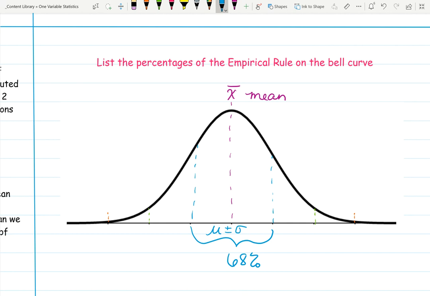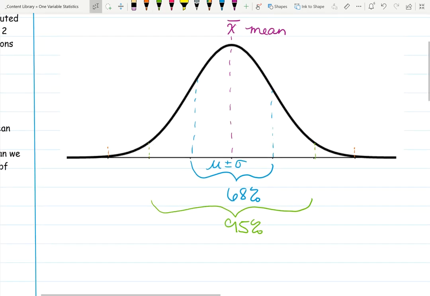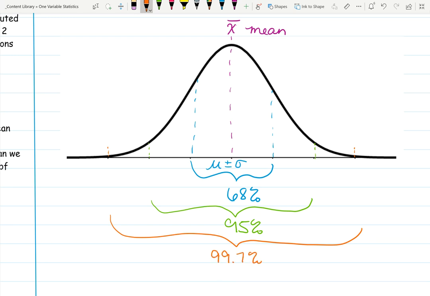So that's a nice hunk. Now, if we go out to the next, so 2 standard deviations away, that's going to have 95% of our data. Okay, so again, almost all of it. So if we go out 3 standard deviations, that's where we're getting our 99.7%.